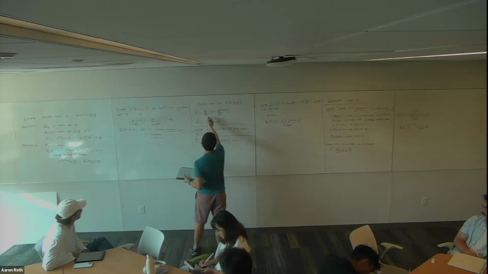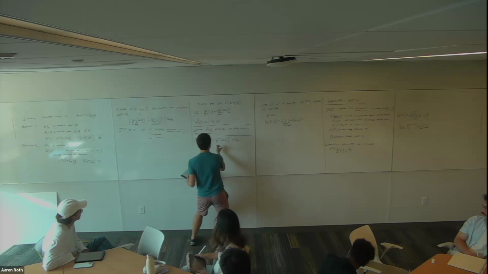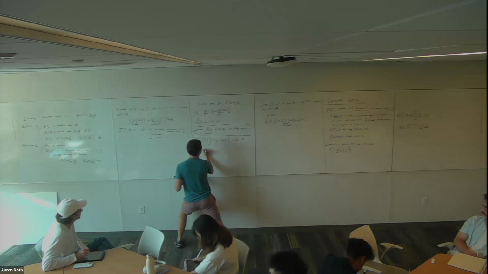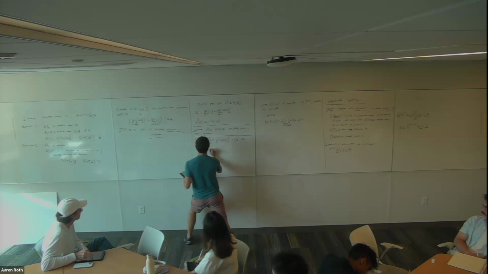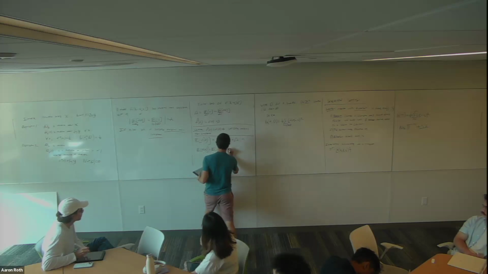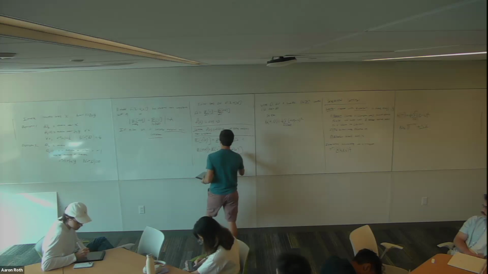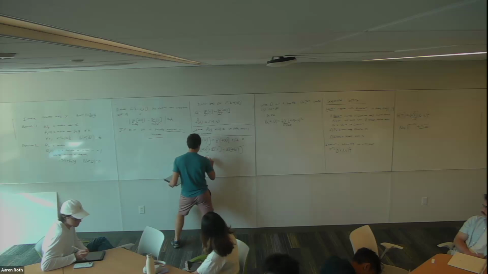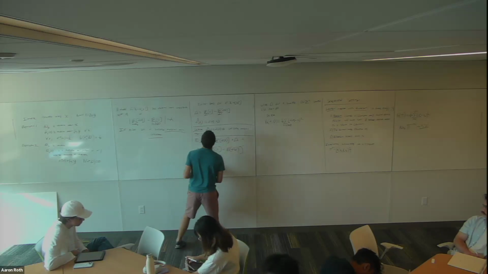And what's delta? It's the difference between the expectation of y and the expectation of f of x. This is just equal to the expectation of f of x plus the expectation of y minus the expectation of f of x. Now the expectations of f of x cancel, and this is just, as expected, the expectation of y.